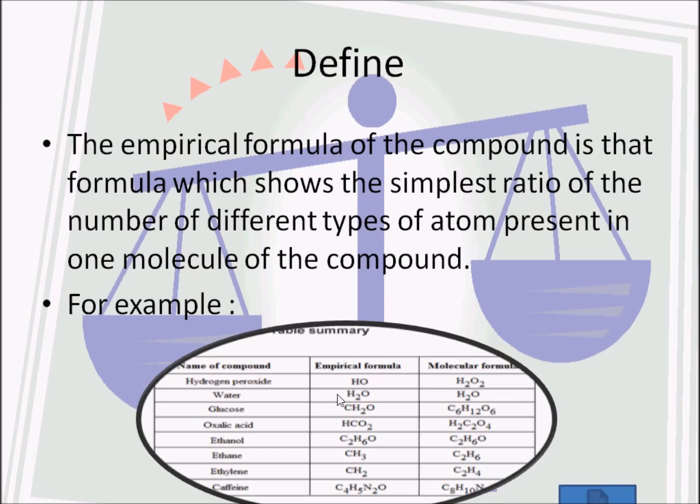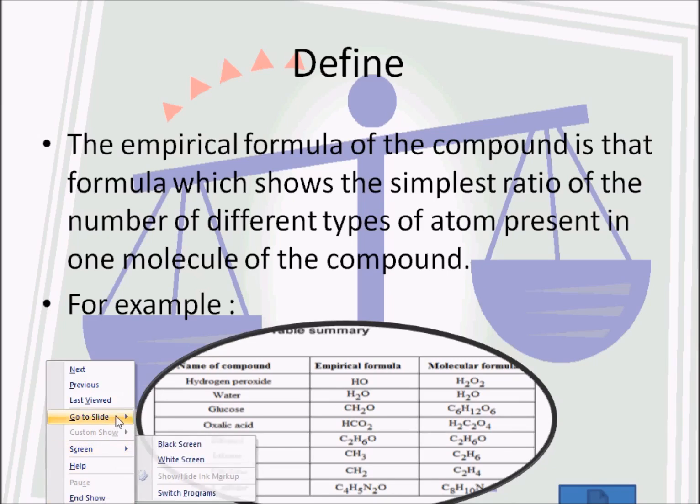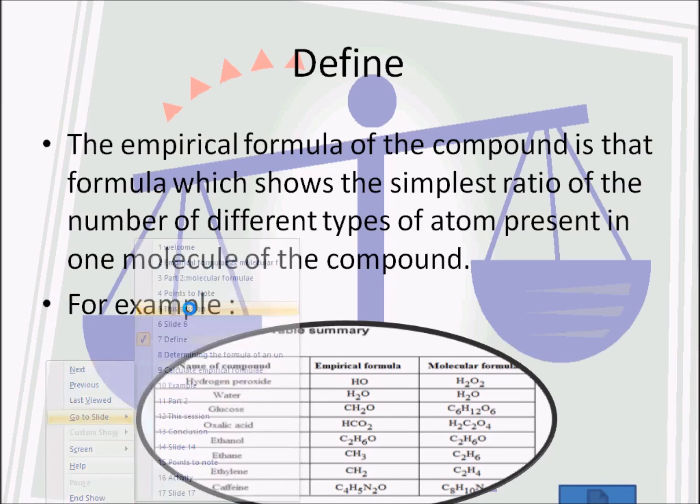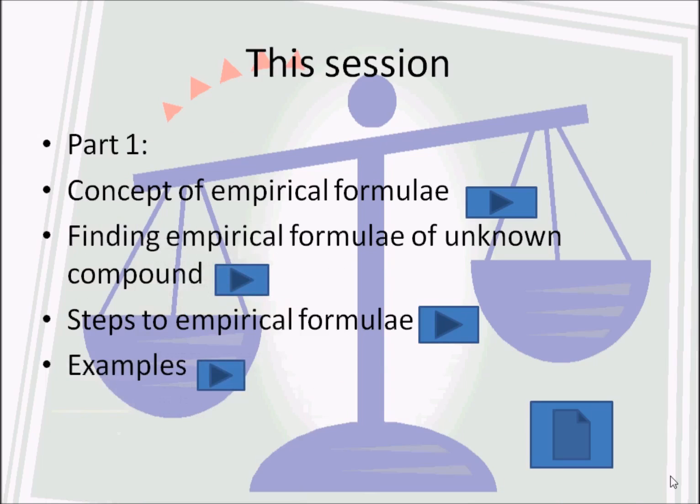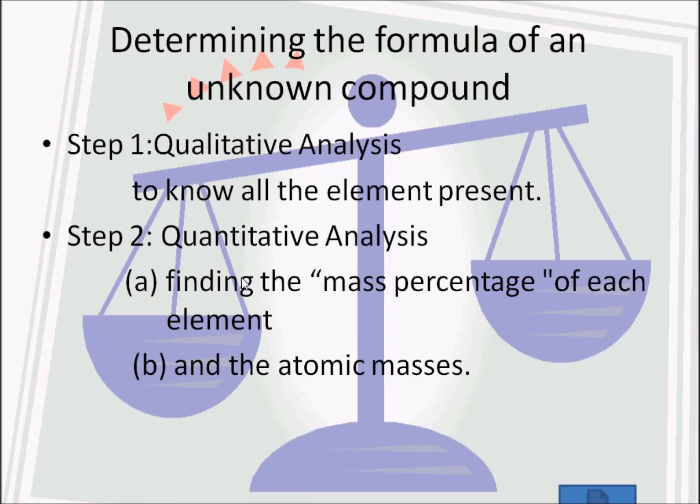So now friends, let's go back and understand the next section, which is finding the empirical formula of an unknown compound. Friends, to determine the formula of an unknown compound, we have to do two things.